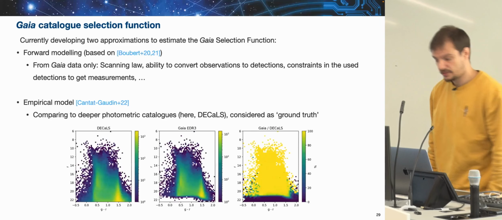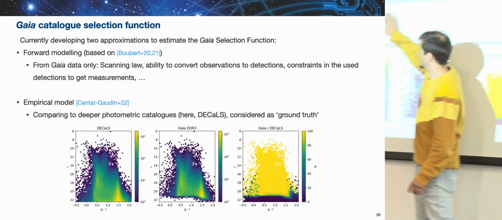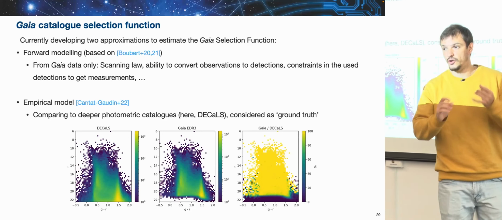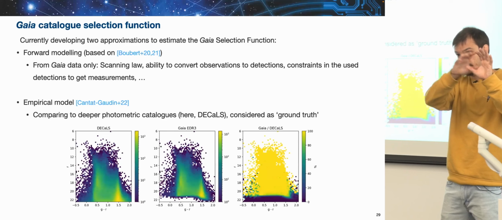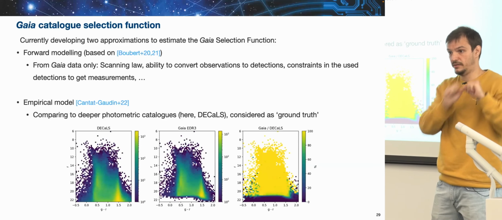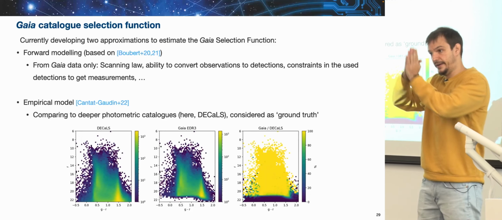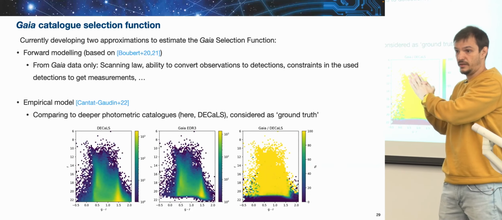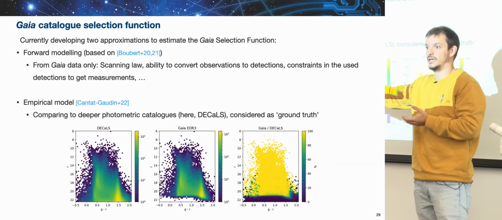And we have two ways of describing this. First approach is forward modeling, so it's knowing all the procedures that are included from the data taken to the generation of the catalog. So we need to know every step that we have taken, and then if we understand those, we can provide the selection function.